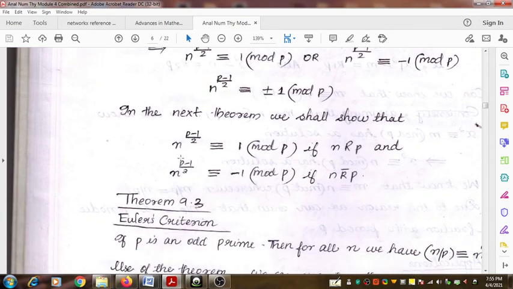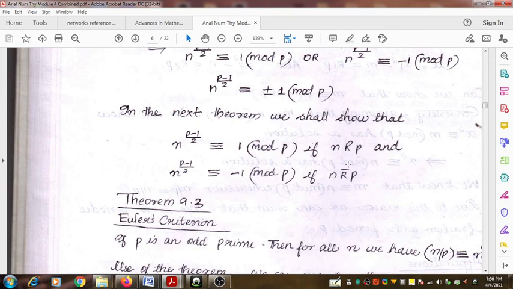What are we going to do in the next theorem? In the next theorem, that is theorem 9.2, we are going to show that n raised to p minus 1 by 2 is congruent to 1 mod p if n is a quadratic residue mod p, and it is congruent to minus 1 mod p if n is a quadratic non-residue mod p.